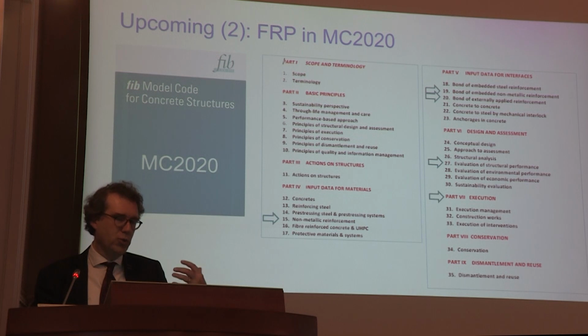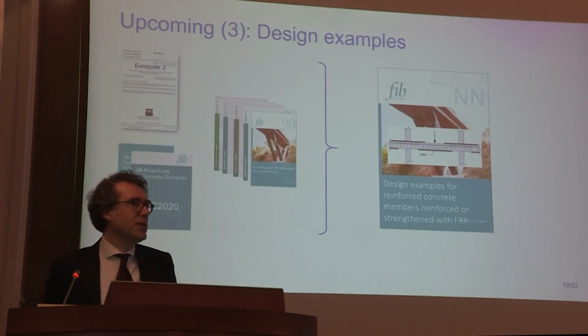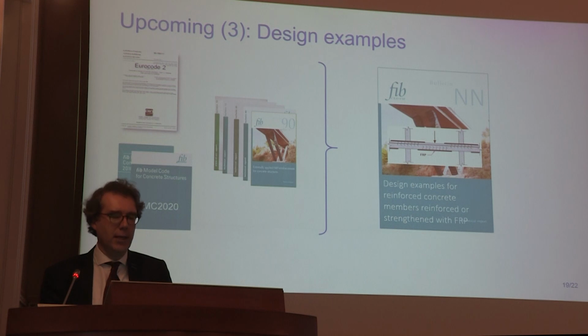As I told you, Model Code 2010, the current version, already covers FRP, and the new one will do that in an even much better way, as you can see here. And finally, which I think is very attractive for engineers out there, we are working on the next bulletin. I don't know what the number will be. We hope it to be published in spring 21; autumn 2020 will be a bit too early.